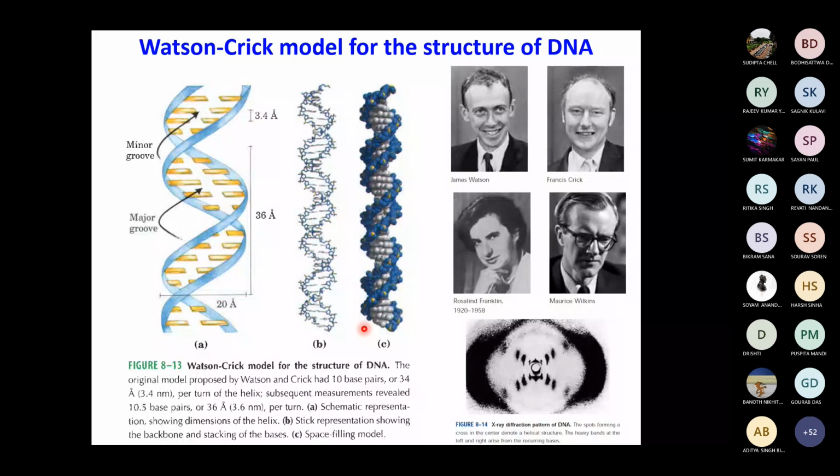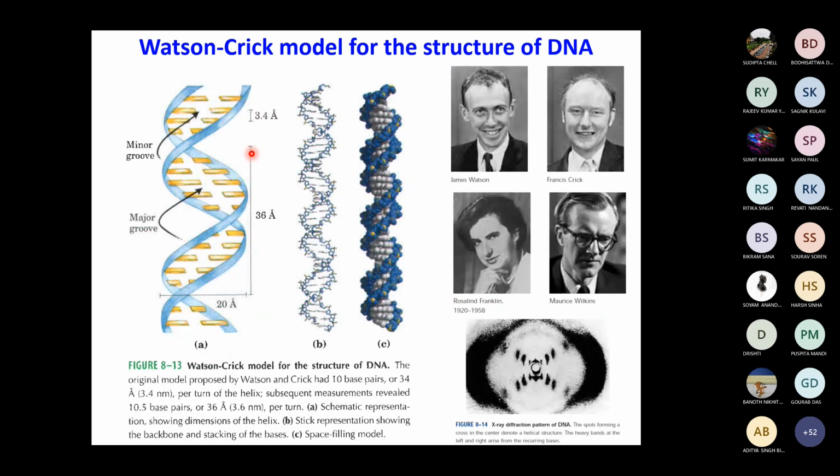Others like Rosalind Franklin and Maurice Wilkins also contributed, so that these people could deduce the structure of DNA, which is a double helix. They had no idea what DNA looked like. We read that DNA is a double helical structure, but the structure was introduced by these two people with the help of X-ray crystallography.